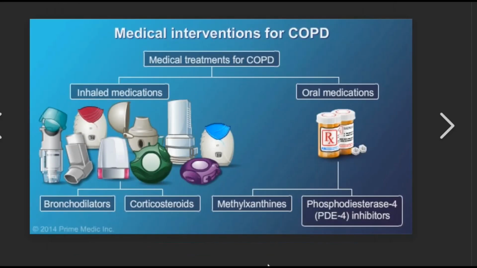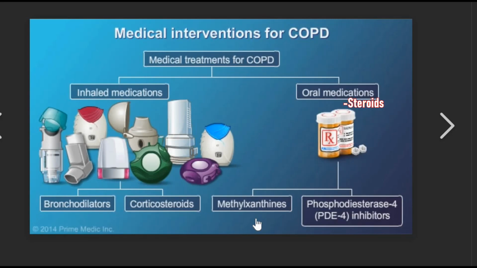So what are the other treatments of COPD? You saw the inhaled medicines. Along with that, the physician may order oral medications. The oral medications ordered are steroids, again for the anti-inflammatory properties. Next is methylxanthine, example theophylline. It is a bronchodilator given orally.